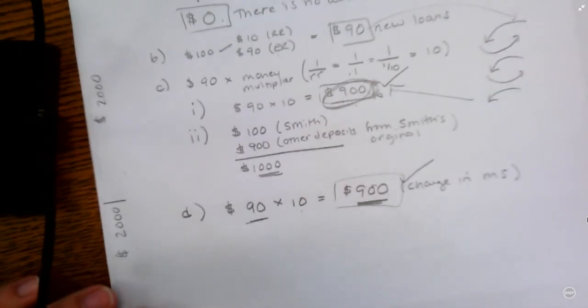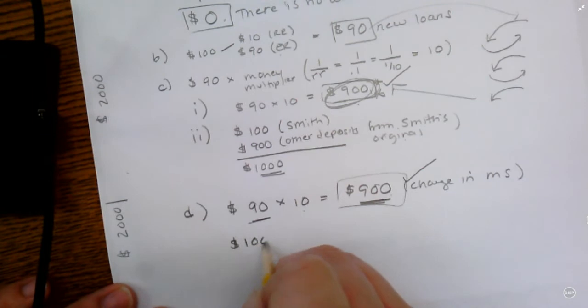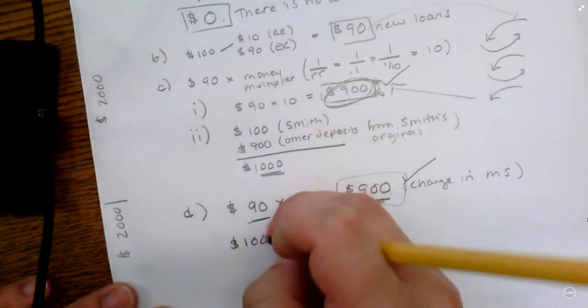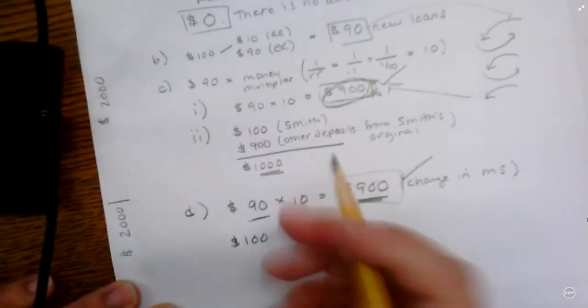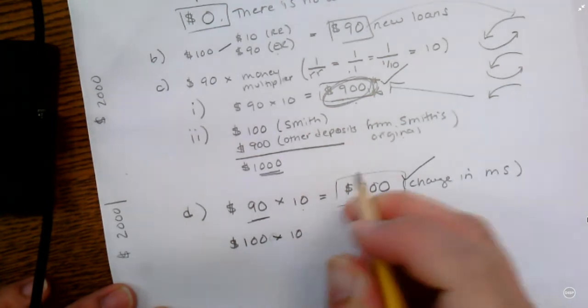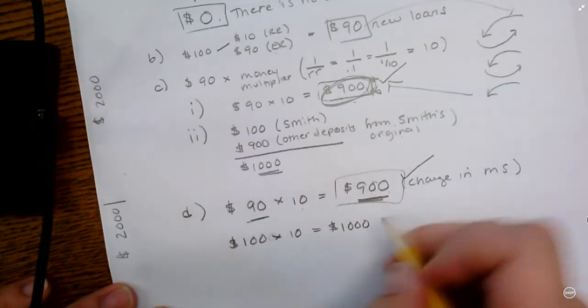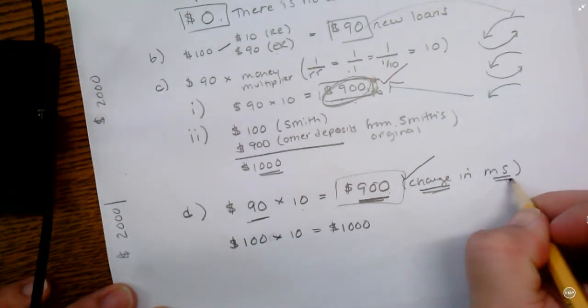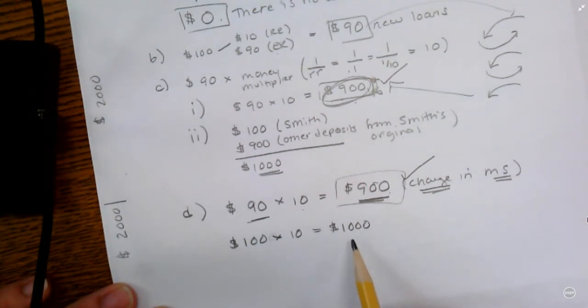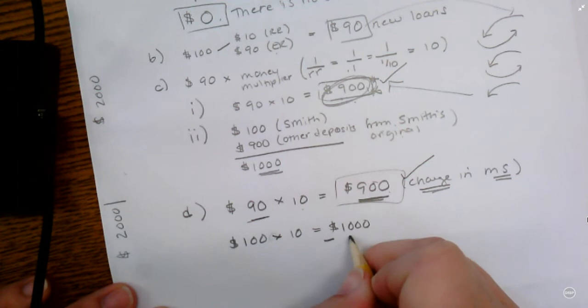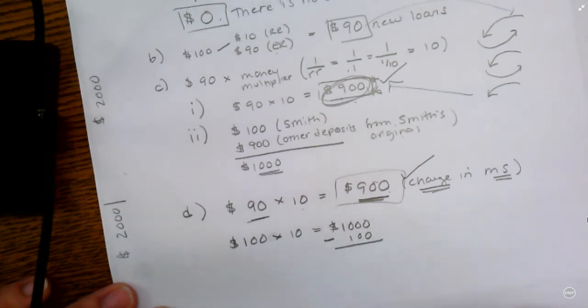What's the second way of getting here? Take Mr. Smith's entire deposit, $100, times the money multiplier, and you get 1,000. But remember, it said change in the money supply. His $100 was already in the money supply. So now I have to subtract that $100, and I still get 900 as an answer.